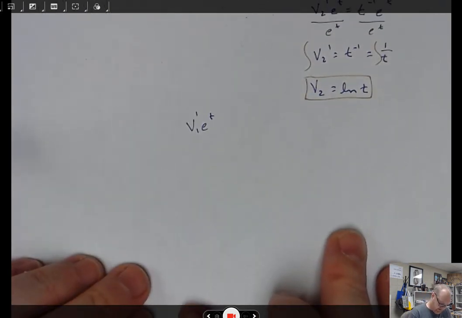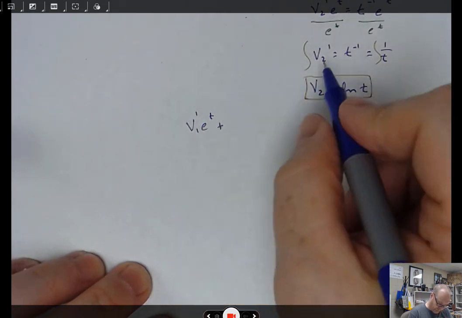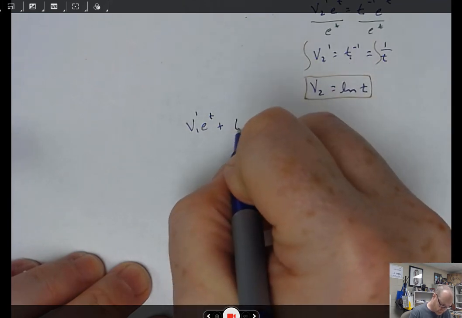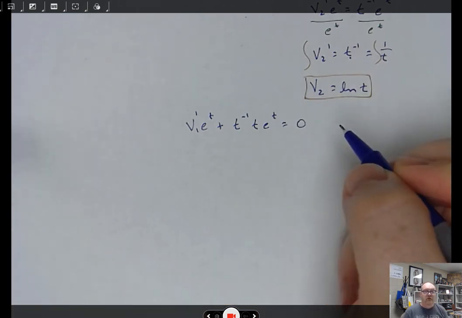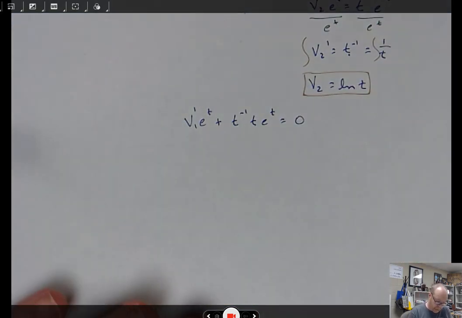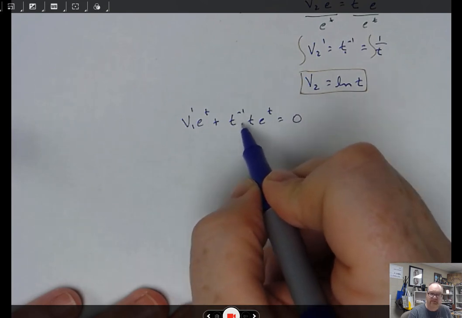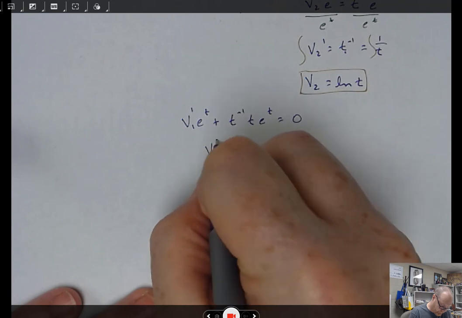Can you see that? Plus v2 prime. Well, v2 prime was t^-1 times t e^t, all equal to 0. So here t^-1 and t end up being just 1. They cancel themselves out.